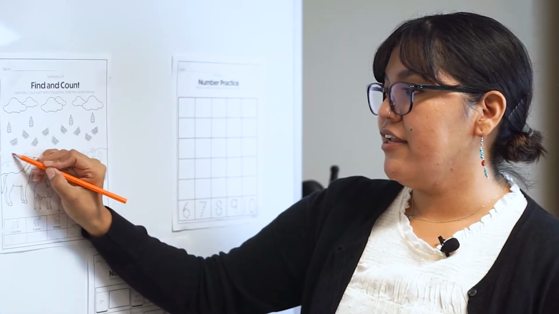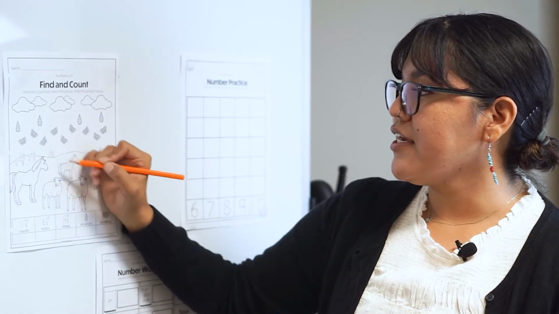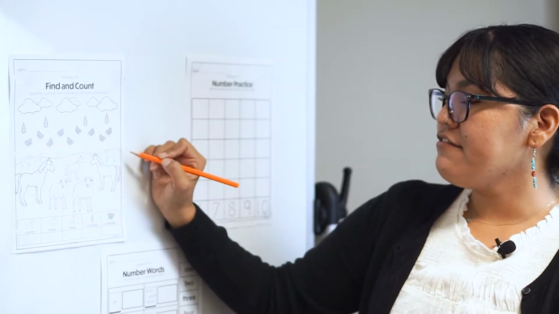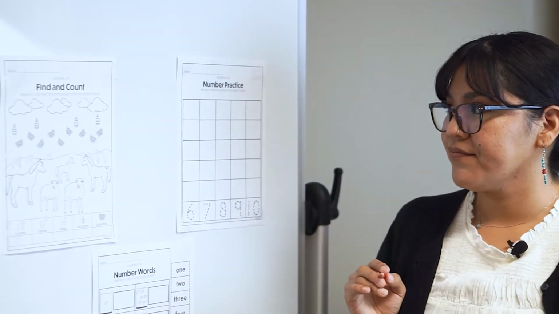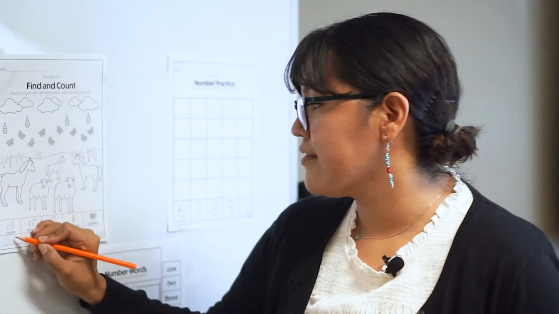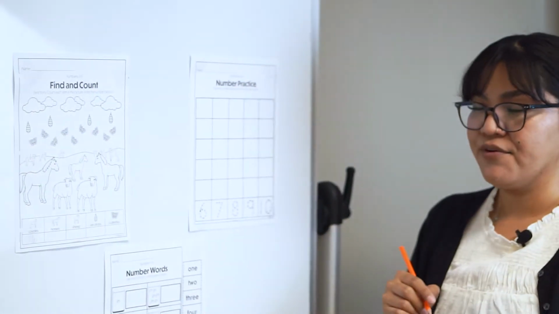So we have 1, 2, 3, 4, 5, and 6. We have 6 coyotes. So under coyotes down here, we're going to write the number 6. So I can put the number 6 right there.